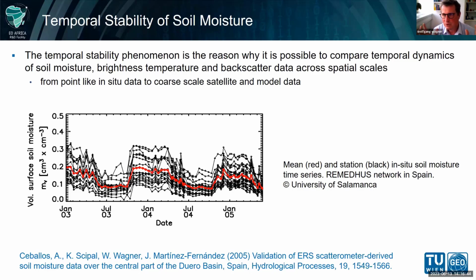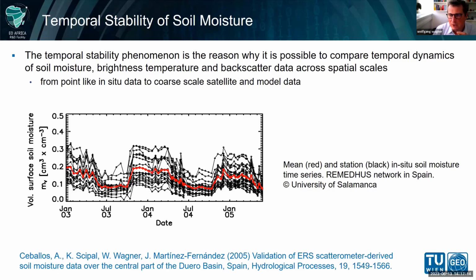So what does temporal stability mean? Consider that you have an in situ measurement network with stations that are hydrologically independent, but within the same climate context. Imagine that you have a network within an area of 10 by 10 square kilometers, and then you have individual stations at many individual agricultural fields, like for example here in the Remedios network in Spain.